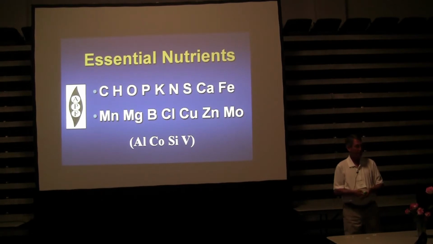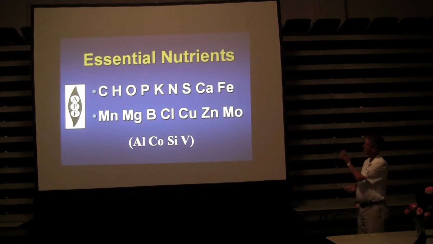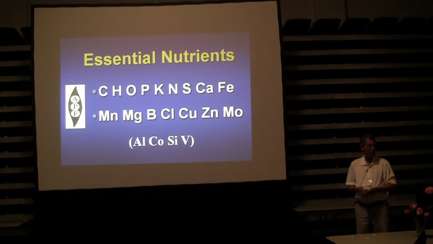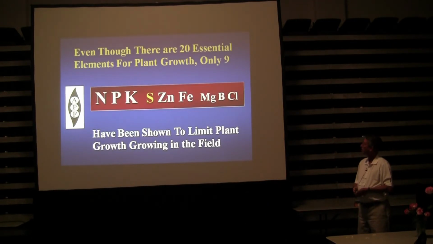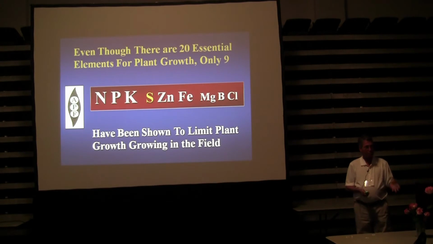But we're going to make it easier. In a hydroponic solution, if one of those is missing, a plant will not grow. So even though there are 20 essential elements for growth, there's usually 9, and people will argue, molybdenum or this and that will show up, but there's usually 9 that have shown to limit growth in the field.